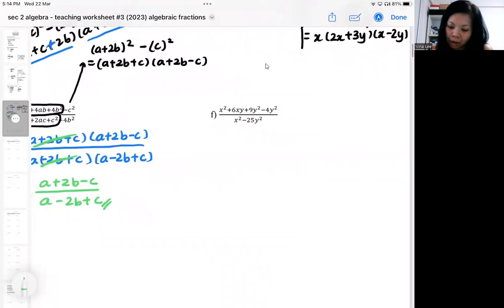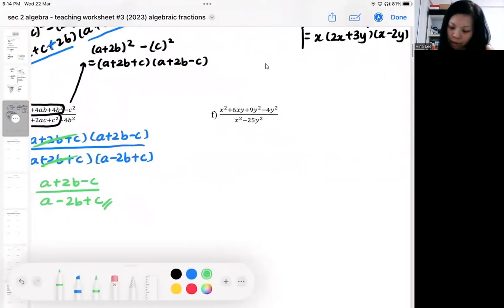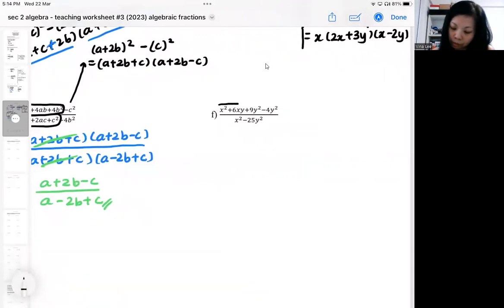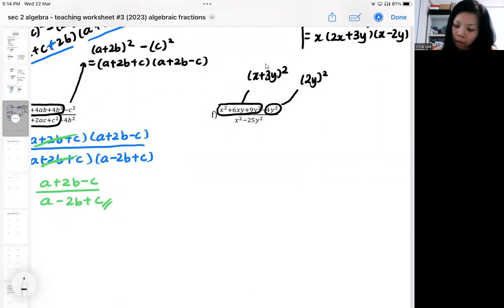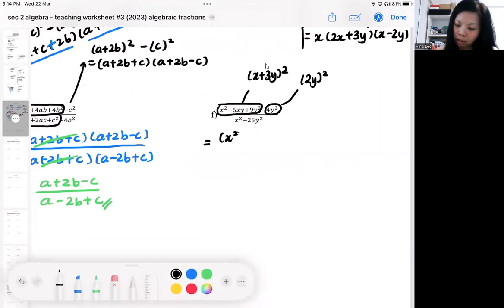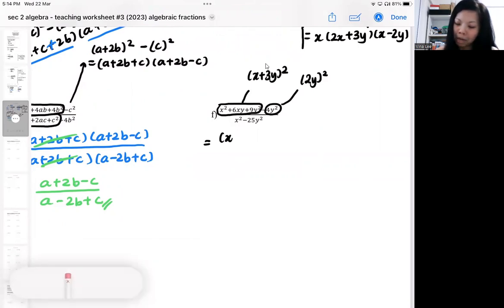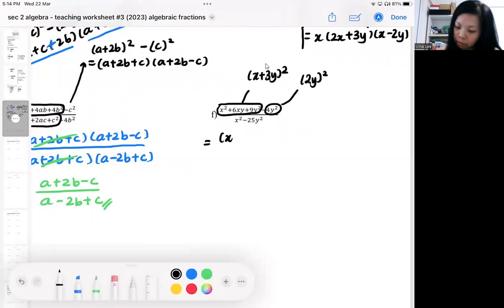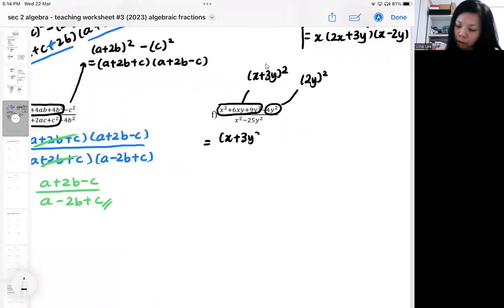In part F, we got the same type of factorization. This part is x plus 3y, and this part is 2y squared. In the numerator, we are doing the a squared minus b squared method.